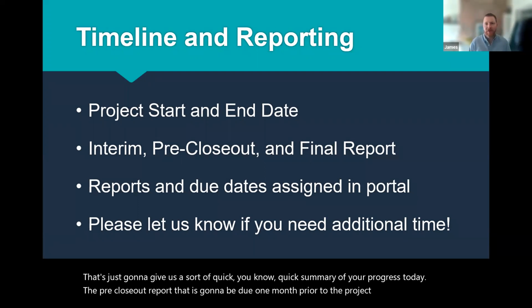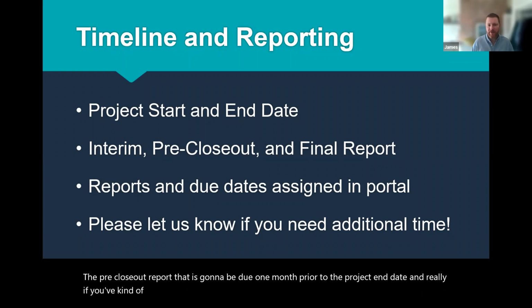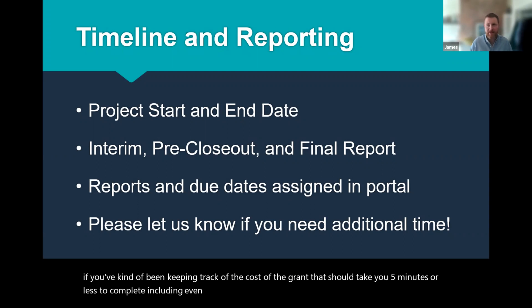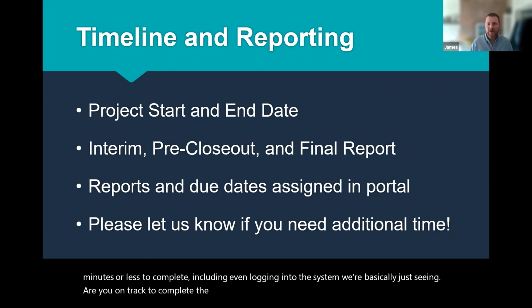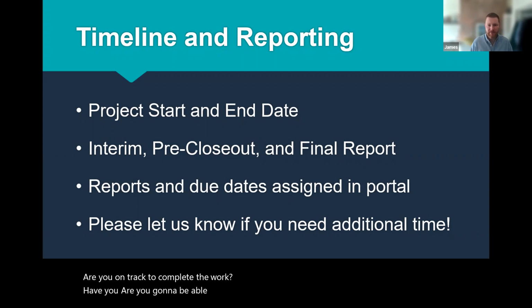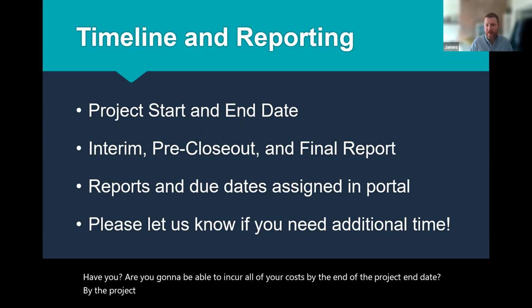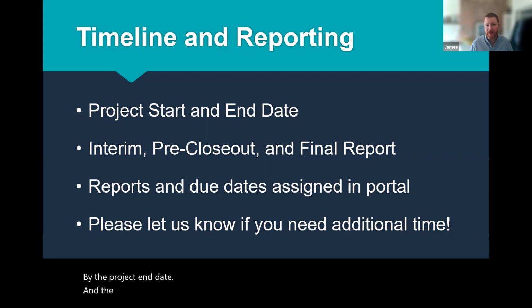If you've been keeping track of the costs of the grant, this should take you 5 minutes or less to complete, including logging into the system. We're basically just seeing, are you on track to complete the work? Are you going to be able to incur all of your costs by the project end date? And the final report is due 3 months, or 90 days, after the project end date.